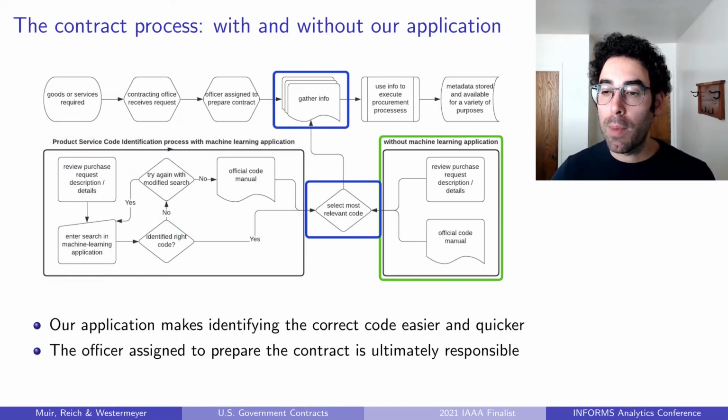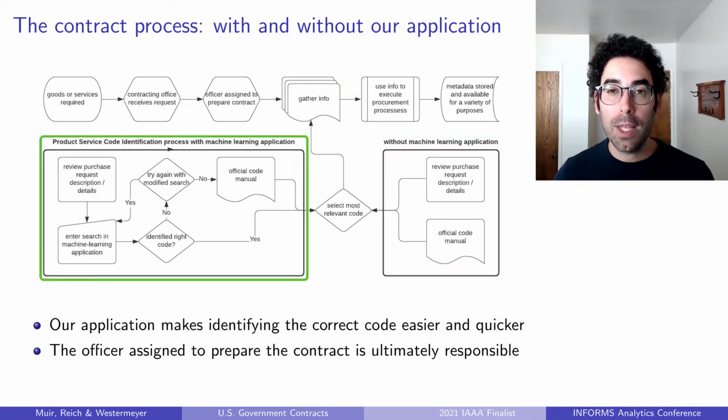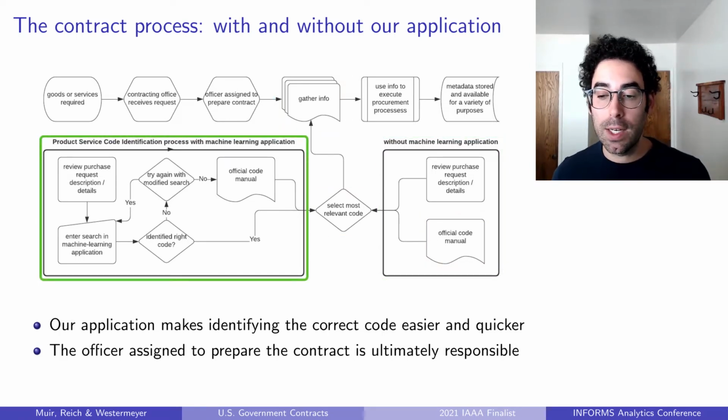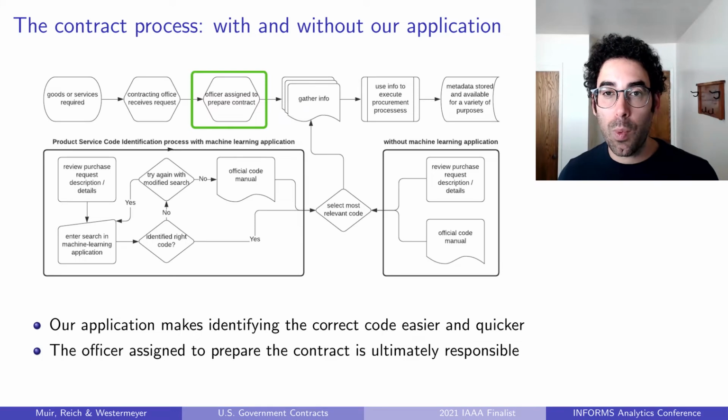Without our model, all you have at your disposal is a manual to try to search through to find that relevant code. So our application is making this process of identifying the right code much easier and much quicker. Ultimately, the officer that's assigned to prepare the contract is responsible for ensuring that the code entered in the contract is the correct one.